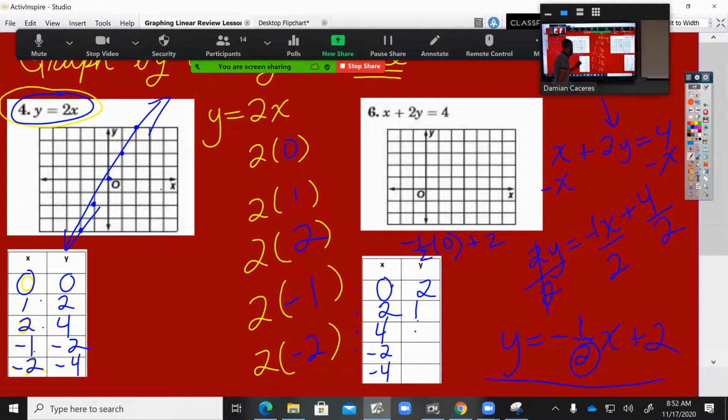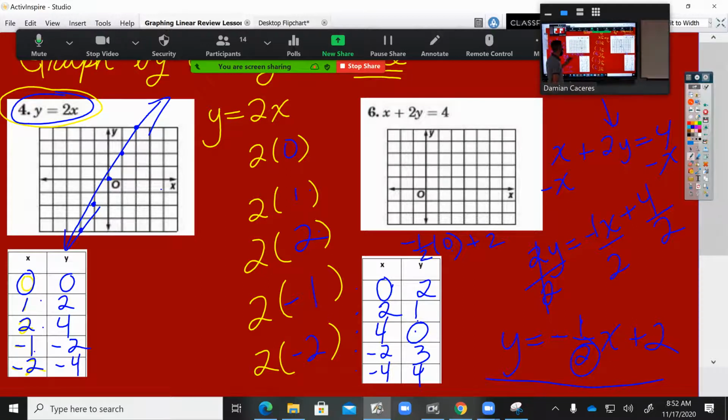Negative 1 plus 2, positive 1. Negative 1/2 times 4 is negative 2. Negative 2 plus 2, 0. Negative 2 times negative 1/2 is positive 1. Positive 1 plus 2 is 3. Negative 1/2 times negative 4 is positive 2. 2 plus 2, positive 4. Now you just plot your points and you're done.